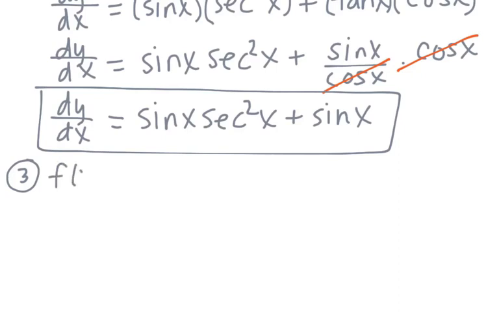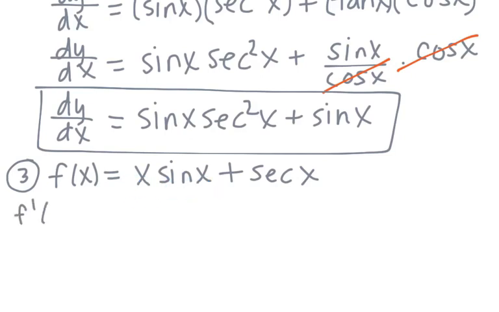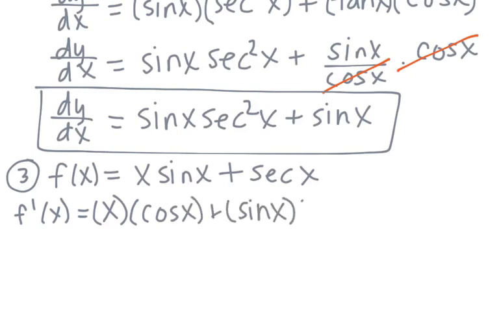All right, number 3 is to find the derivative of x sine x plus secant x. Okay, so we're going to derive this. We are using the product rule once again here. That's x times sine x. So let's do that part first. So first, d last plus last, d first.